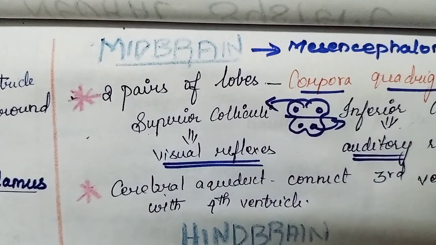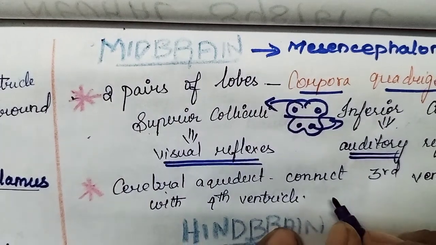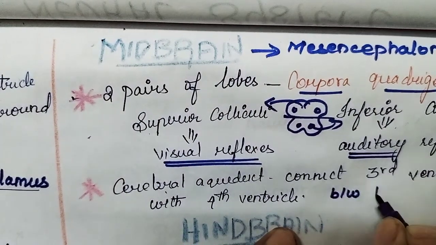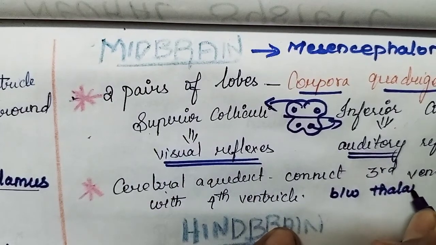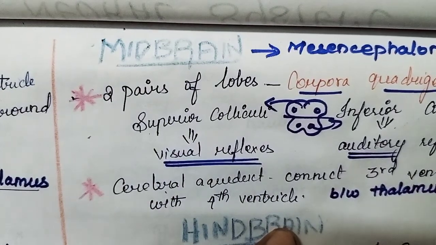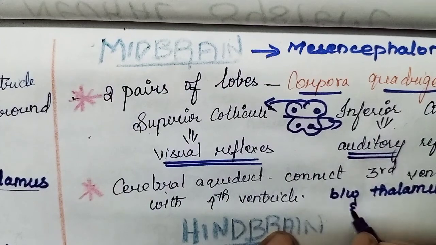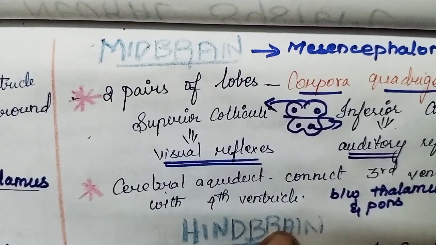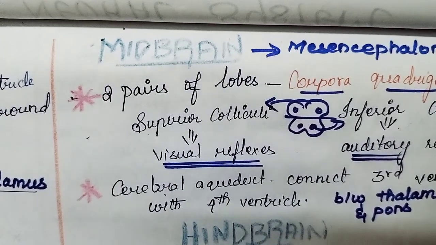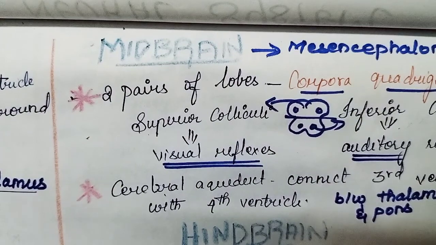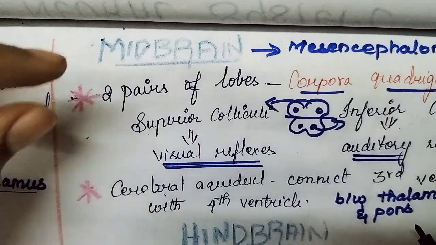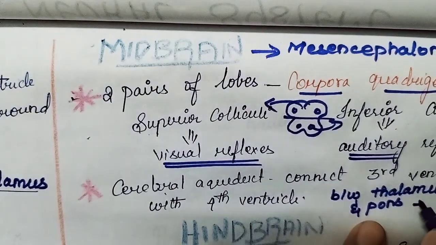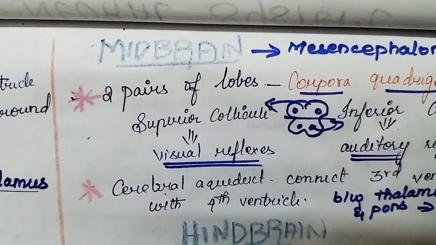The midbrain is located between the thalamus and the pons. The canal that passes through the midbrain is known as the cerebral aqueduct.